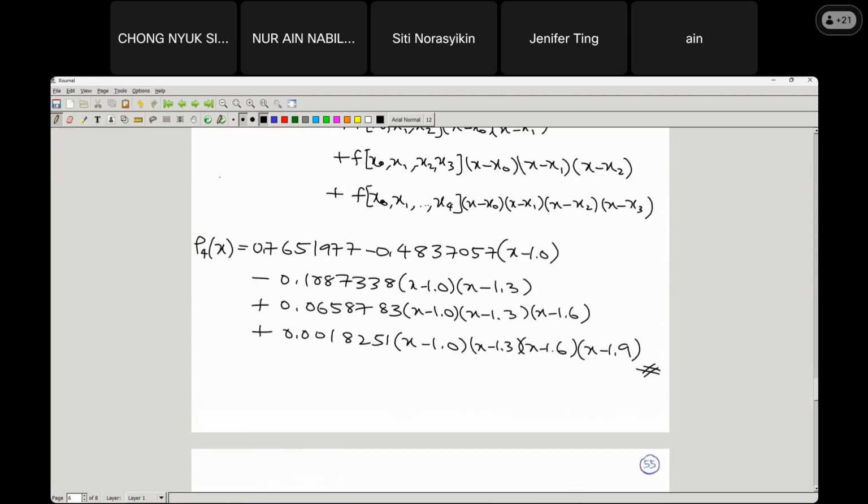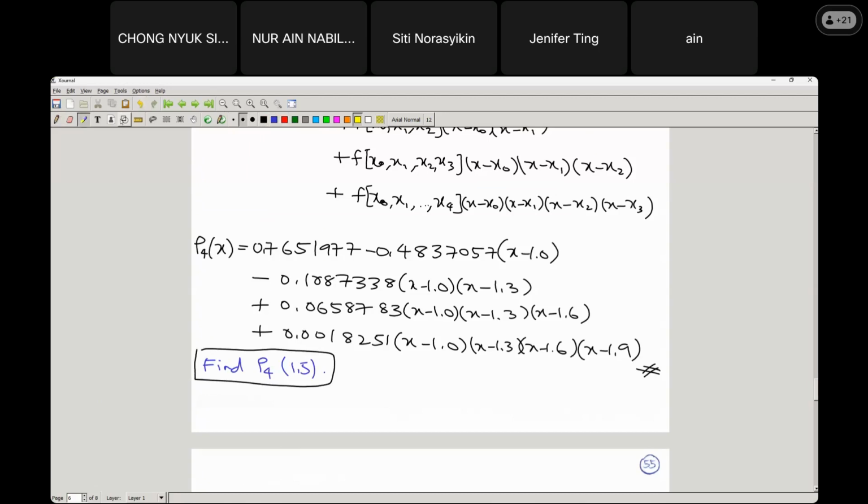Now, guys, what happens if in the question they suddenly add another one, asking you to find P4 for 1.5? How are you going to do this? The solution will be to substitute x equal to 1.5 all over the x. So you need to substitute x equal to 1.5.